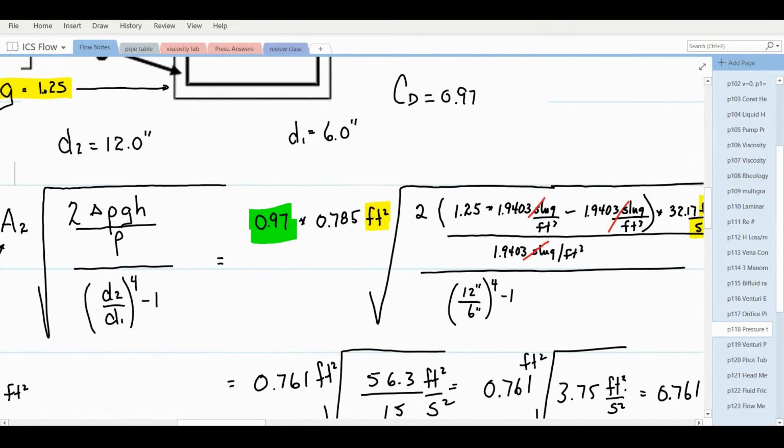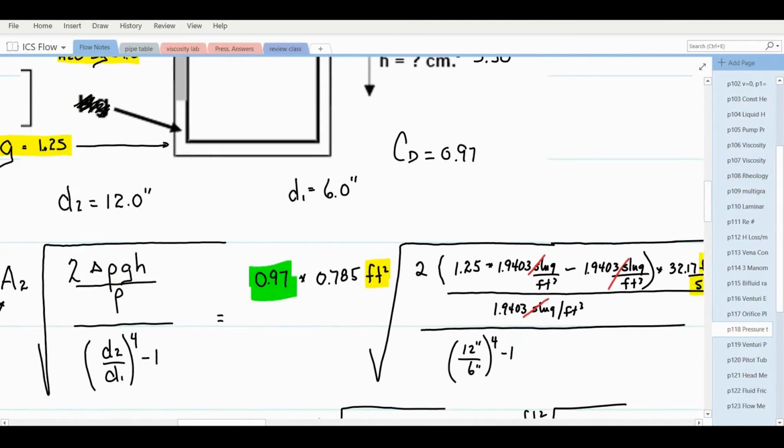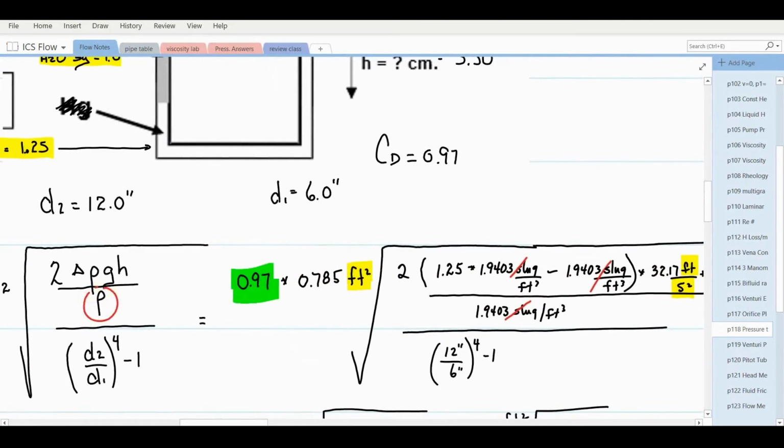In the root, in the radical, we have 2 times the difference in densities. And this is because the manometer is below the pipe, and so it's a bifluid manometer. We have to use delta rho g h over the density of the process fluid.